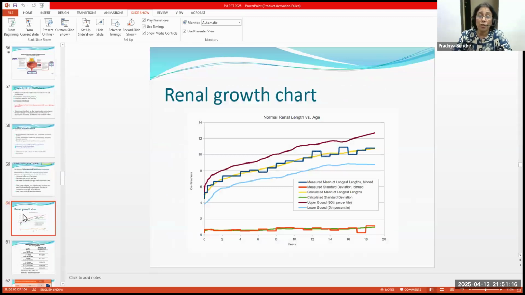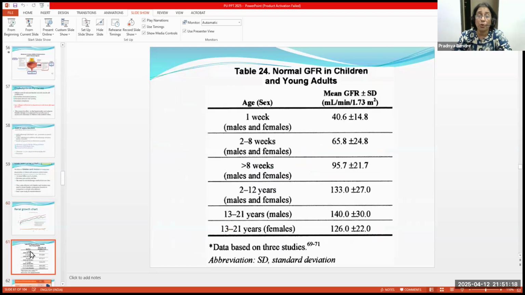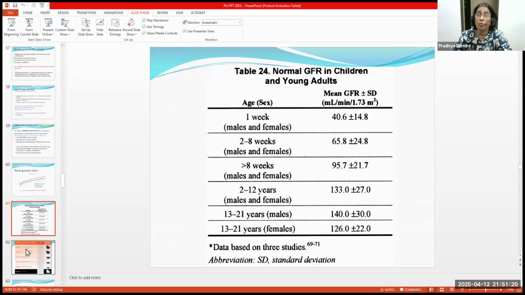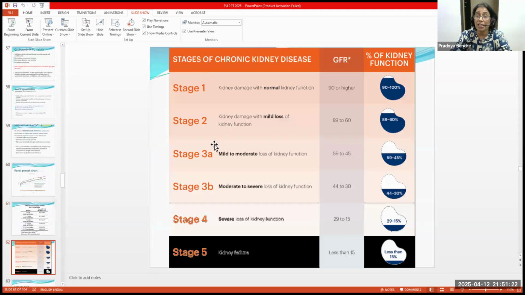This is the renal growth chart, which I wanted to just show you. Then normal growth, you must know what are the different stages of end stage renal disease, because up to this stage it is reversible. So if you are seeing progression towards stage 3 and then stage 3B, you need to intensify your efforts.